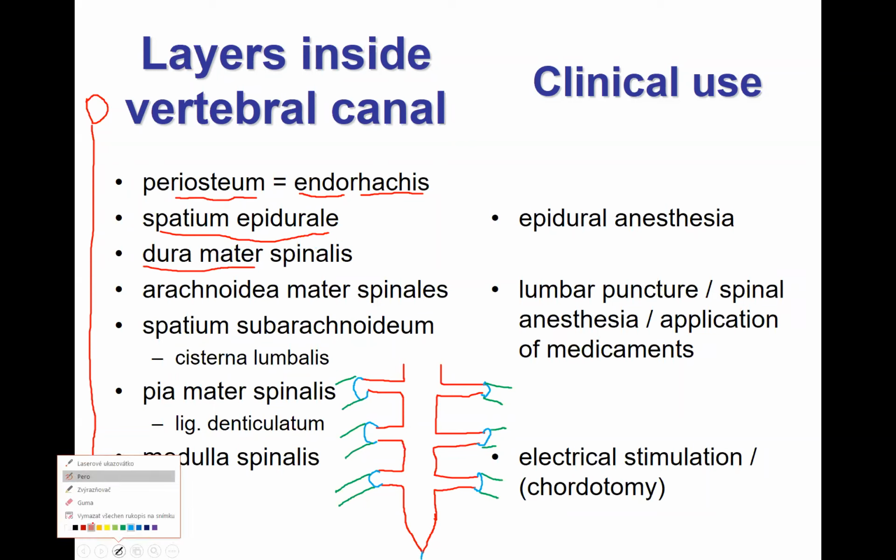Now arachnoidea. Arachnoidea is firmly attached to dura mater. So there is no space here, no subdural space. You may remember the subdural bleeding. Do you know from which structures the subdural bleeding happens? The subdural bleeding inside the skull, of course.